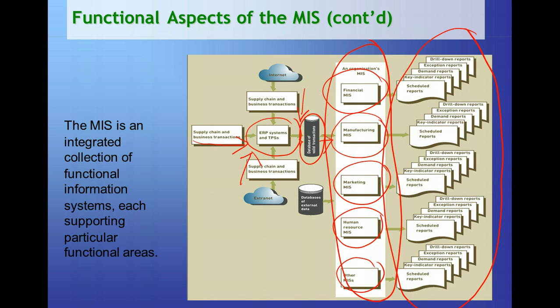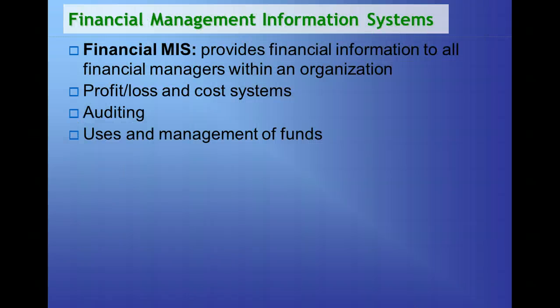We shall next go down into detail in each of the respective MIS, starting with the financial MIS. The financial MIS serves to provide financial information to all financial managers within an organization. They can do this and provide profit and loss reports, and also cost systems.